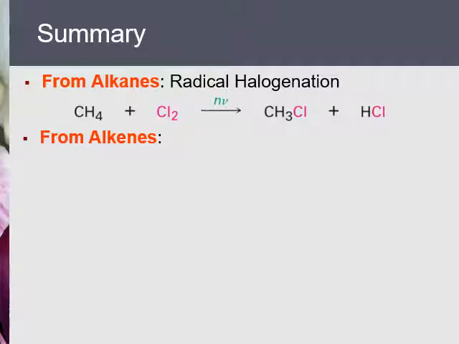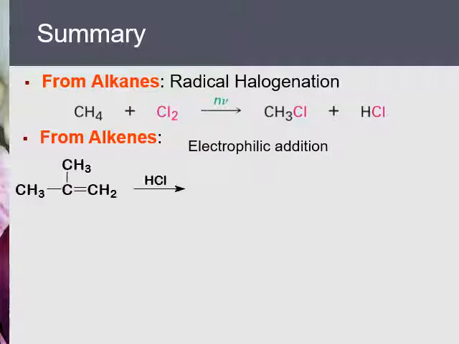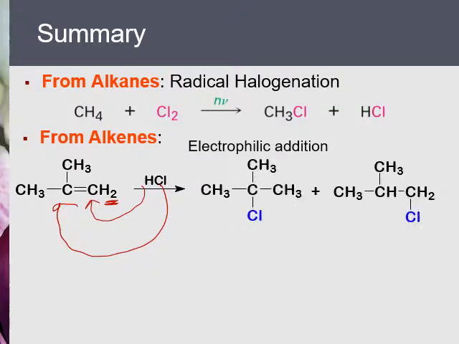Alkyl halide can also be synthesized from a double bond. The reaction is electrophilic addition. When hydrogen chloride is added, hydrogen will add to the carbon that has the most hydrogen, and the chlorine adds to the carbon that has the fewest hydrogen, and this is called the Markovnikov rule that gives you this major product. And this is a minor.